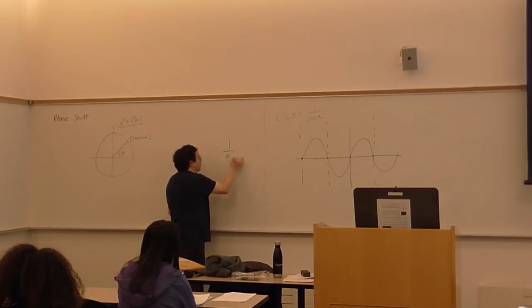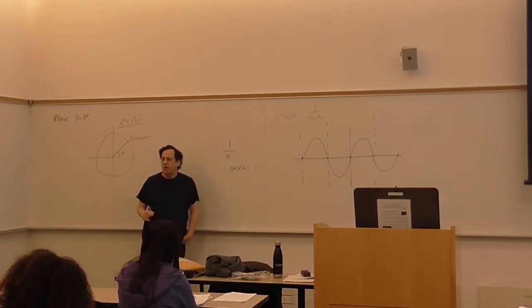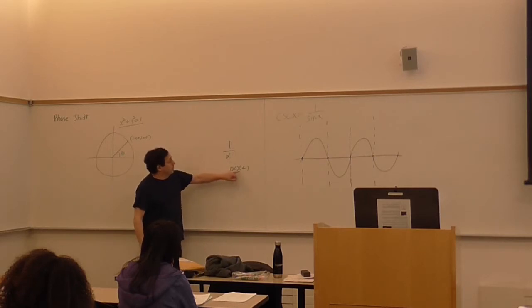Can 1 over some number where x is between 0 and 1 ever be less than 1? Well, if x was 1 it would be 1, but I'm saying x is less than 1. So what happens when you take 1 over a small number less than 1?